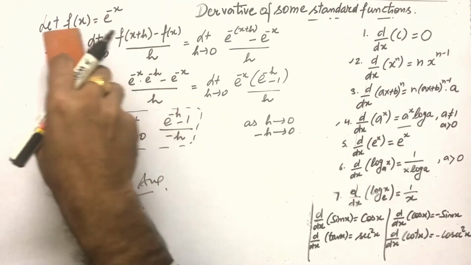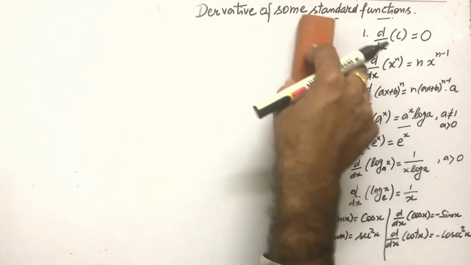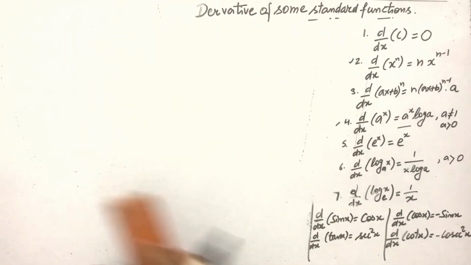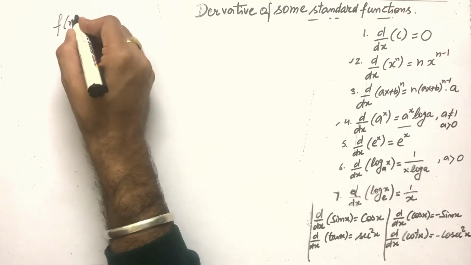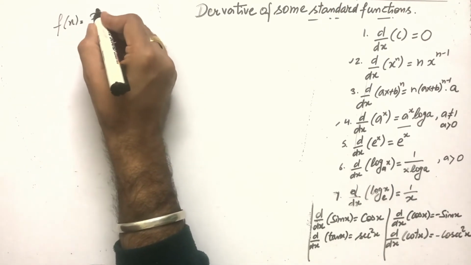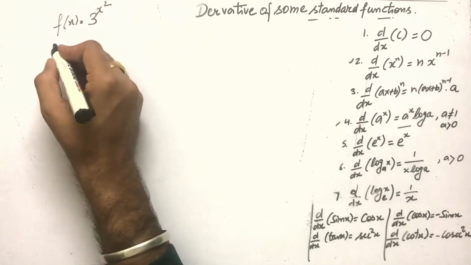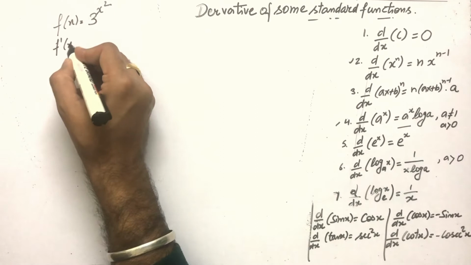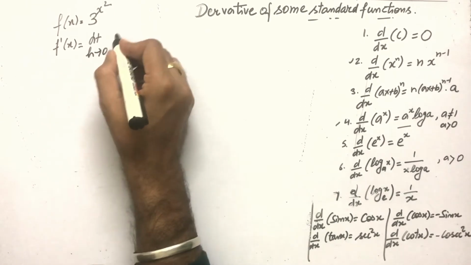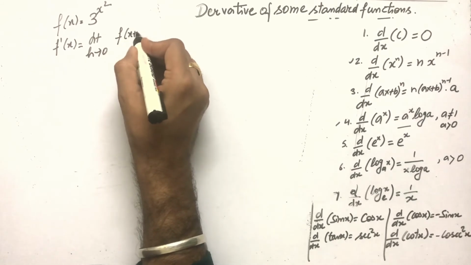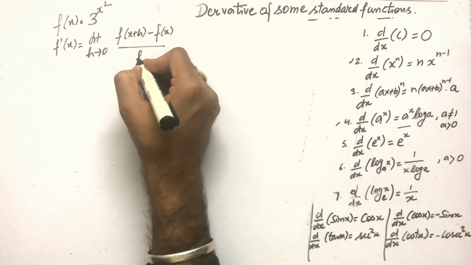Okay, one more numerical. Let it be f(x) is equal to 3 power x square. So again we have to find its derivative by first principle, and the formula is limit h tends to 0, f of x plus h minus f(x) divided by h.